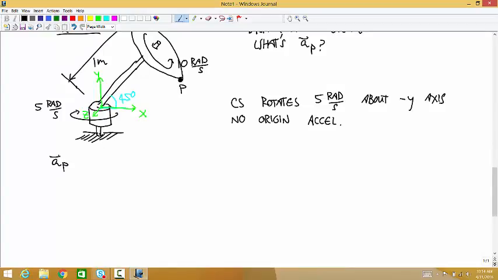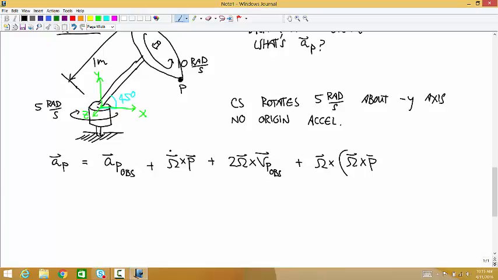The acceleration of p is equal to the acceleration of p that's observed in that green coordinate system, plus capital Omega dot crossed with the position vector, plus 2 times capital Omega crossed with the observed velocity vector of p, plus capital Omega cross quantity Omega cross p.